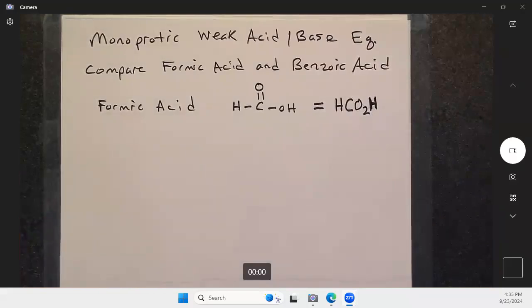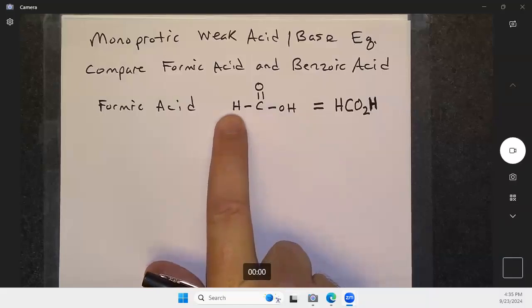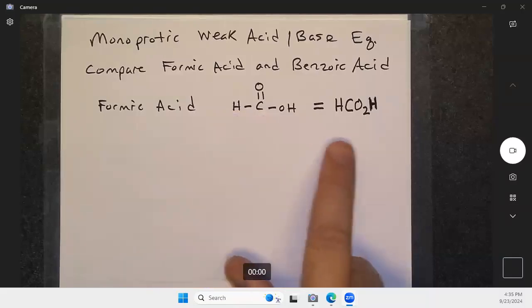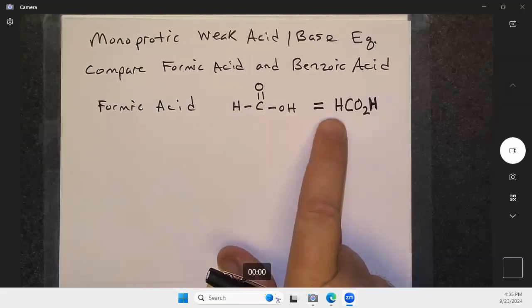So now, this hydrogen here on the carboxylic acid group is our acidic proton. That's our acidic hydrogen, right? And this one is covalently bound to the carbon atom. Okay, so what I've done is I've taken the acidic one and I wrote it out front.